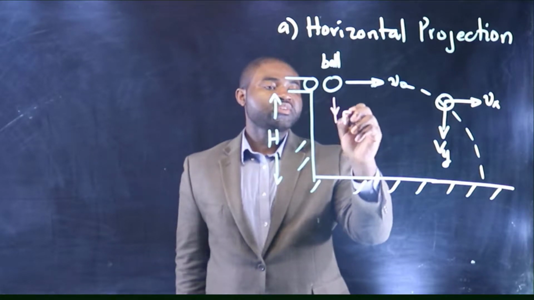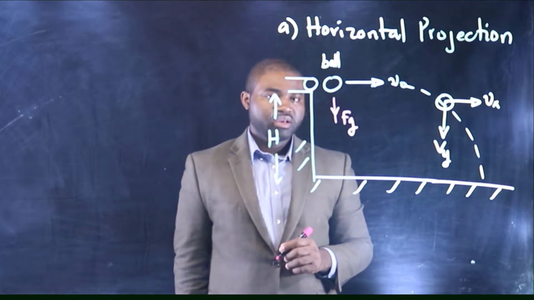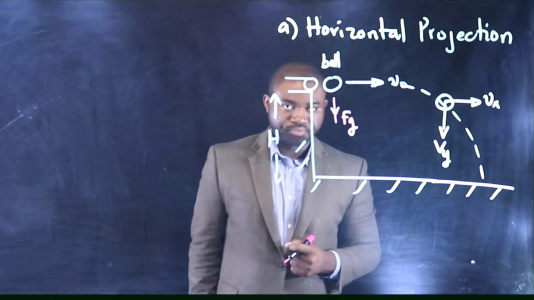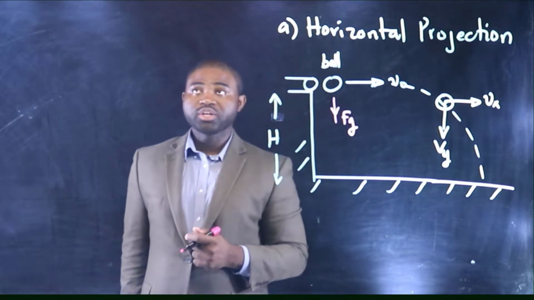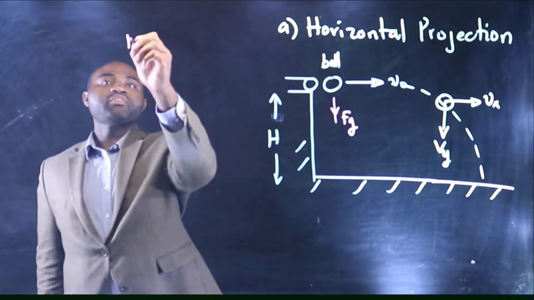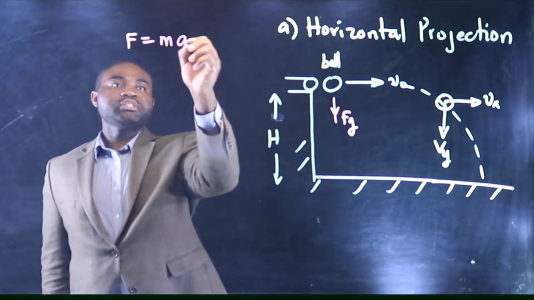This is the gravitational force. It acts totally vertically downwards. It comes with a very important implication. Keep in mind that Newton's second law essentially tells us that the net force acting on an object is equal to the mass of that object times its acceleration.